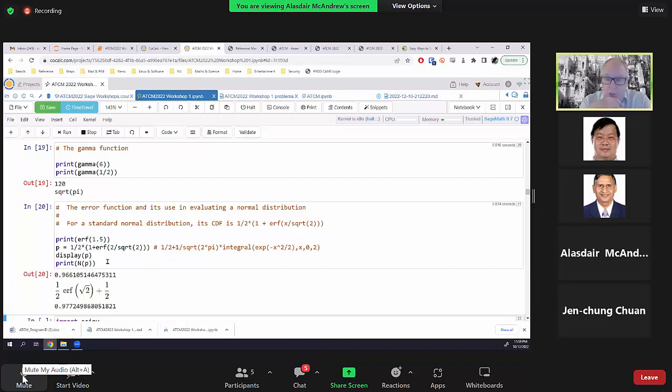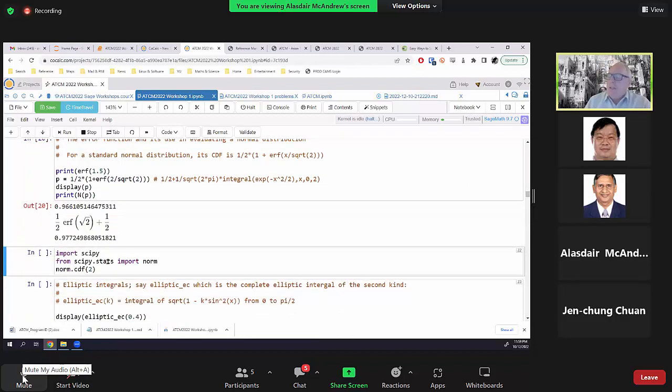The error function, which you'll know from your statistics and probability. A couple of examples of the use of the error function here. Now, if you look for, for example, the normal distribution on Sage, you won't find it. And the reason you won't find it is it's actually not necessary. Sage doesn't have to have it. It's already there as part of a Python library.